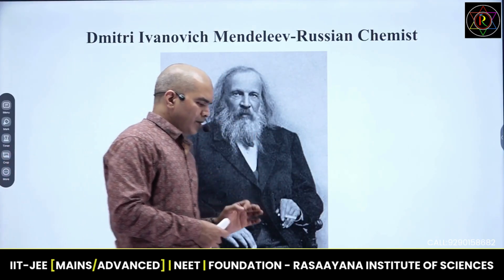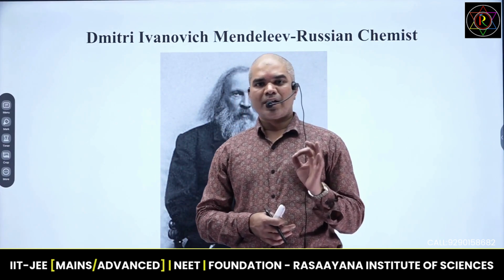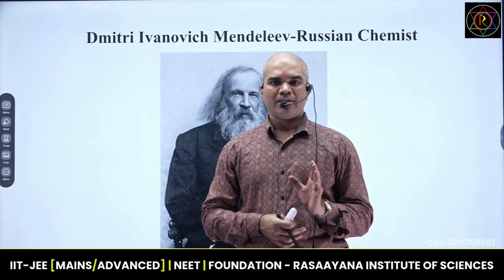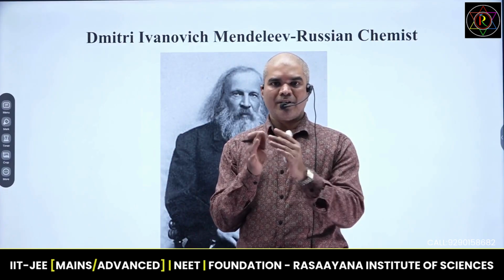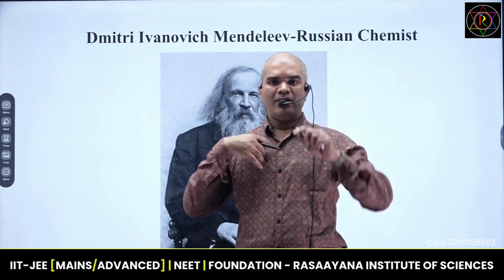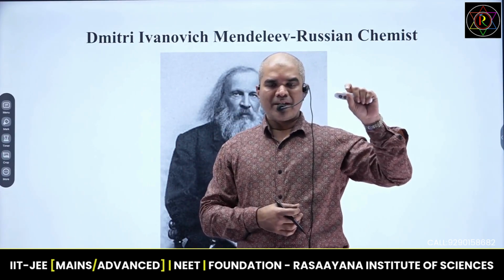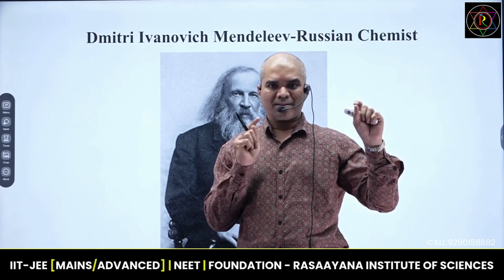But according to Mendeleev, the single property he has chosen is atomic weight or atomic mass. So whatever properties that I choose of a particular element, let it be across a period or a group, I have to classify the elements across a period on the basis of their atomic masses.